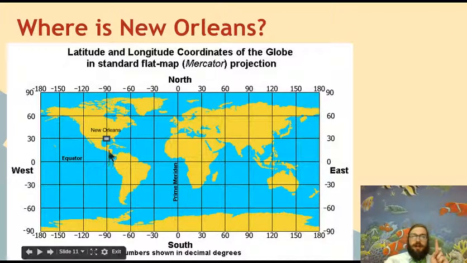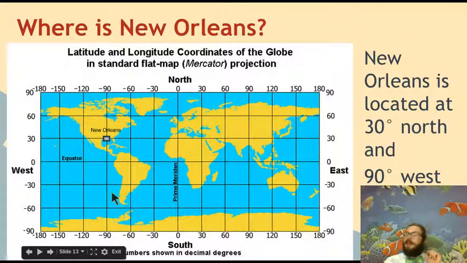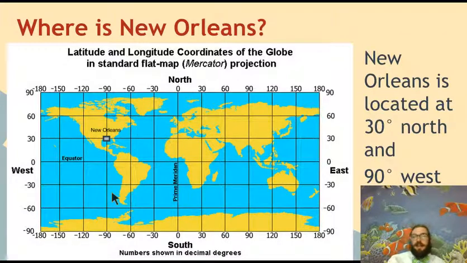We go up 30 degrees. So, New Orleans is located at 30 degrees north. Now let's look how far west it is. We have our middle mark. We're going west, 30, 60, 90. So it's along the 90 longitude line. So it is at 90 west. New Orleans is located at 30 north and 90 west.